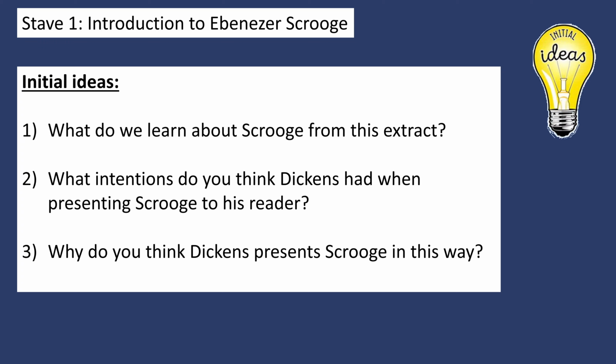So I guess this kind of links in with number 3. Why do you think Dickens presents Scrooge in this way? Well, he wanted his reader to critique Scrooge, and therefore maybe critique themselves as well, and see Scrooge as somebody not to behave like.